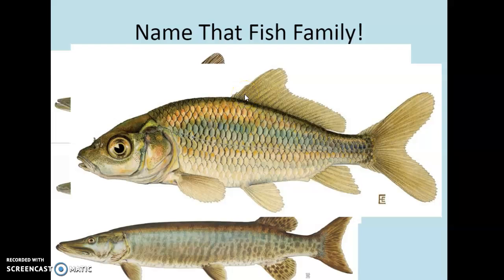Oftentimes just one section shows up on the minnow family. But carp are in the minnow family. And so what's worth noting with the minnow family is we think of them as little, but not all minnows are small. We use them as bait when they are small, but some of them grow to be rather large.